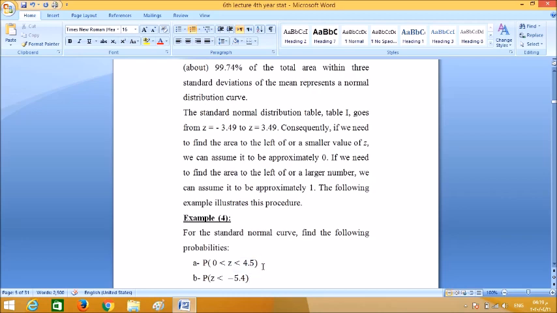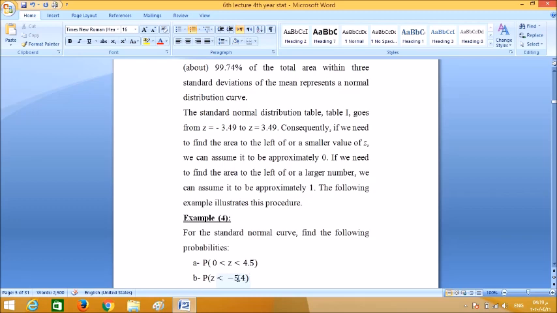Number 2, the probability that z is less than minus 5.4, and we said that the table ends at minus 3.5, so this value is less than minus 3.5.